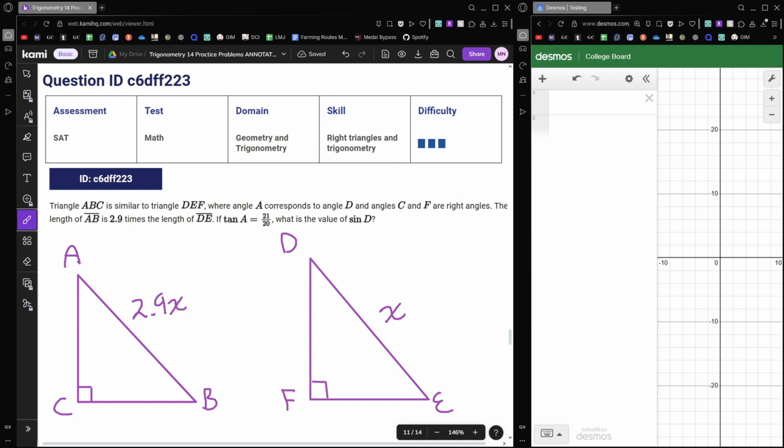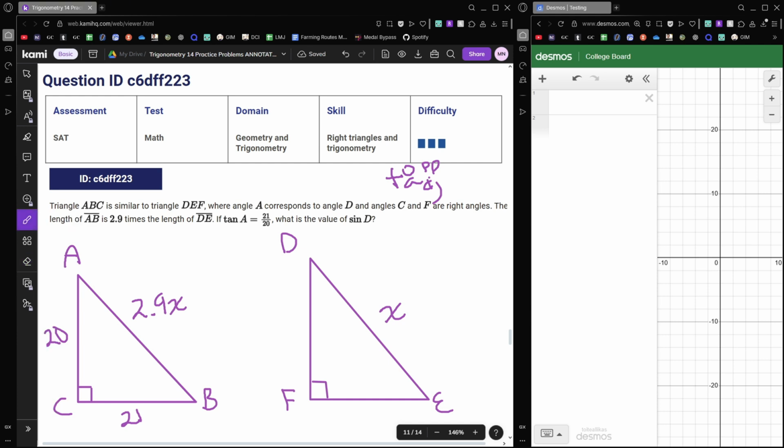If tan of A is equal to 21 over 20, so in SOHCAHTOA, tan is TOA, which is opposite over adjacent. So here's angle A. Opposite of angle A is this side, which is going to be 21. And then adjacent of angle A is this side, which is going to be 20. What is the value of sine of D?